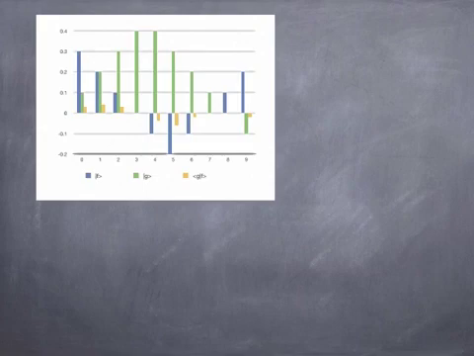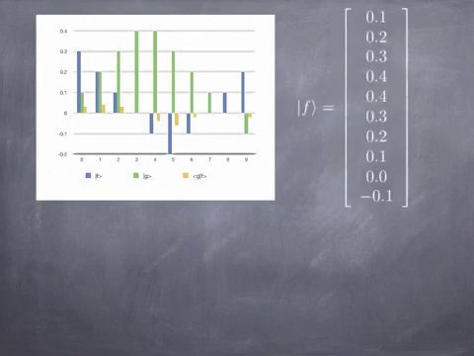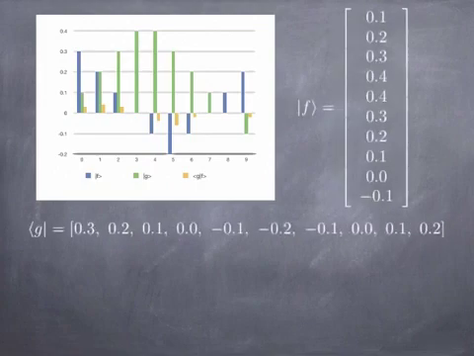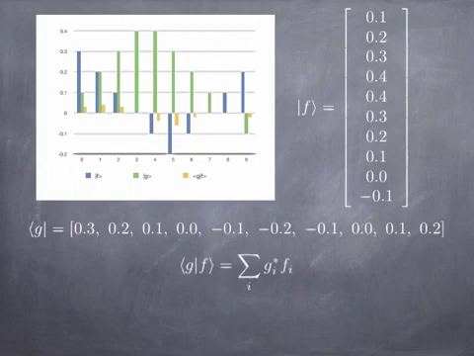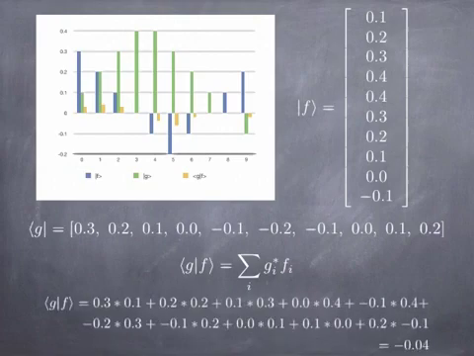The f vector is the blue and the g vector is the green, and g on f is what you get when you multiply the corresponding values of the two vectors and add the result. So it's a sum over the components, and it ends up looking something like this. It's a summation over all i of g sub i star f sub i. You can actually calculate that and you get a number.